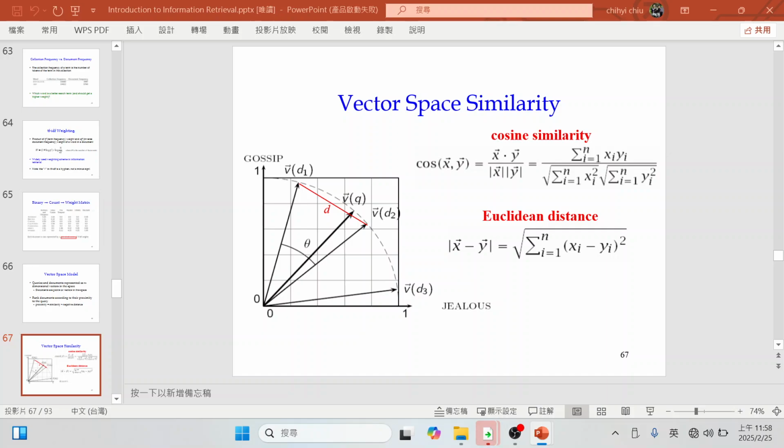If you have two vectors, you can compute their cosine similarity, or compute the Euclidean distance. These are two general ways to compute the similarity, used to reflect the relevance between the two vectors.